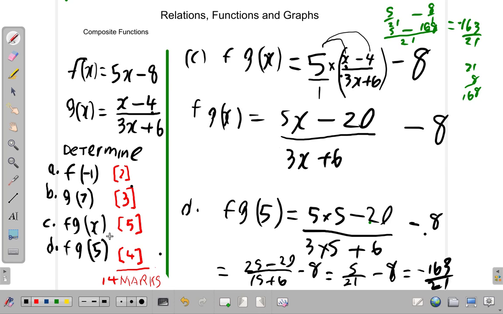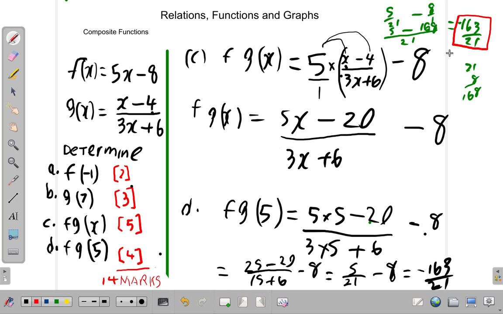You were just asked to calculate fg of 5. Here's another way you could also look at it. We have our negative 163 over 21. Let's jot it down somewhere, but we have it up here. Let's highlight it, negative 163 over 21.